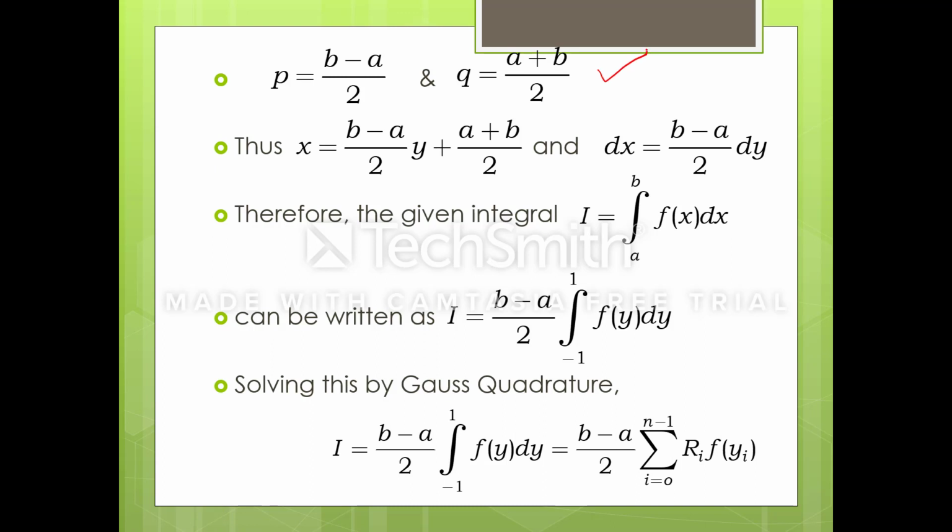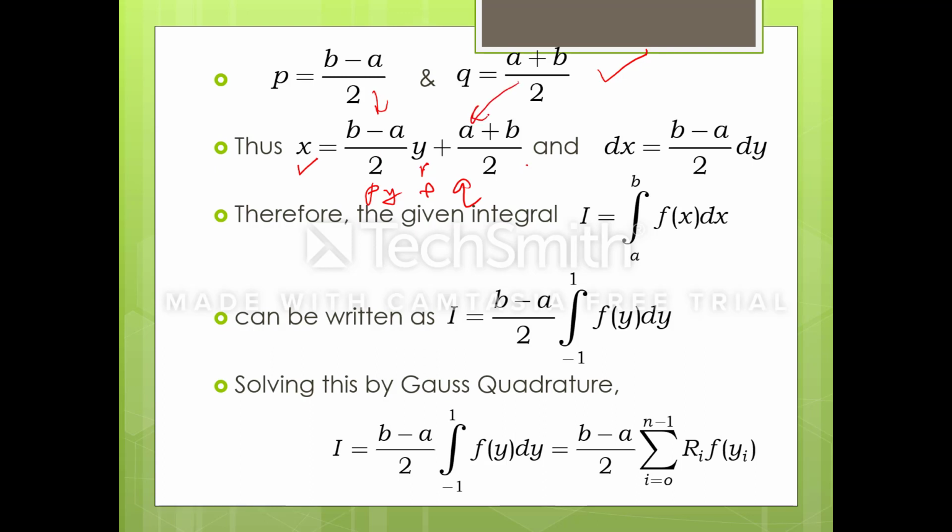So these are the expressions for p and q. So we can write x is equal to (b minus a) by 2 into y plus this one. So it is p into y plus q.